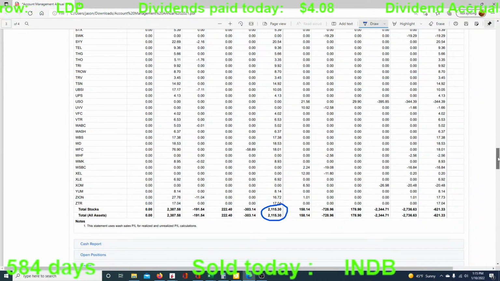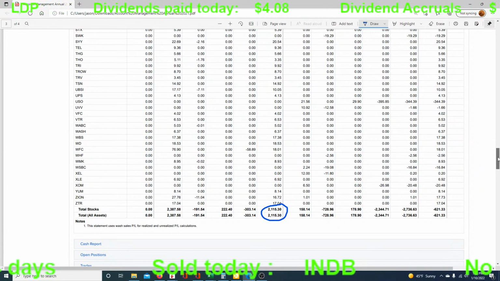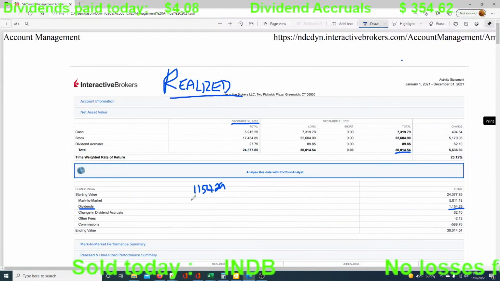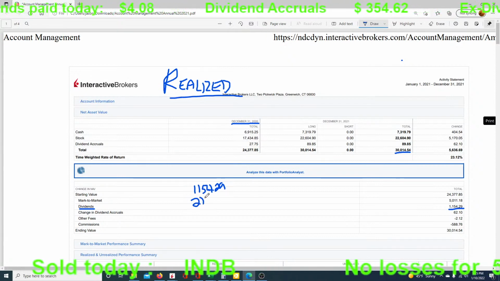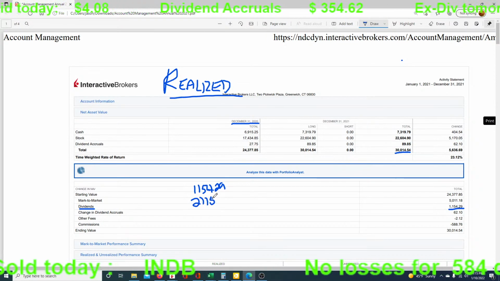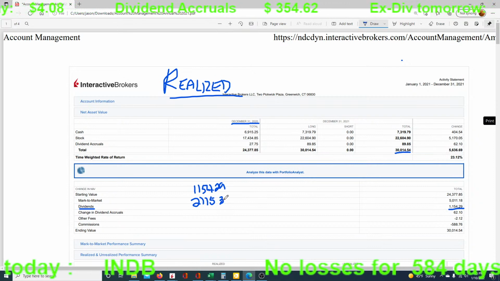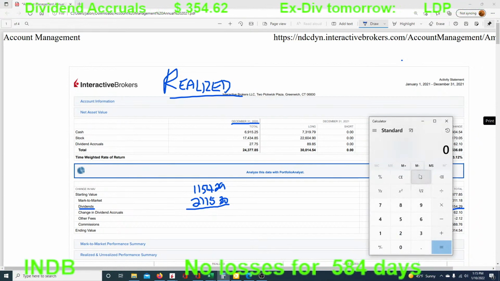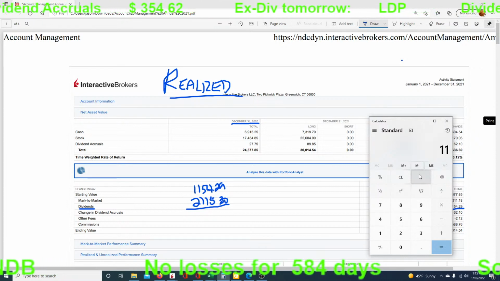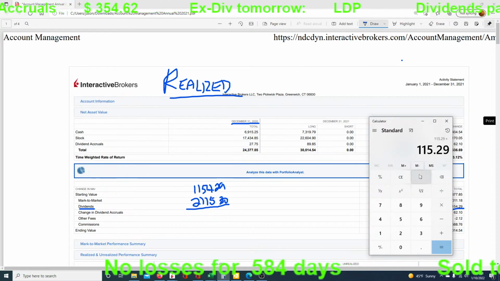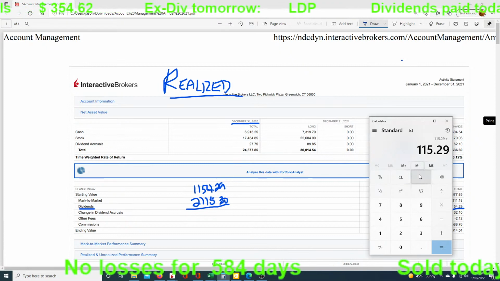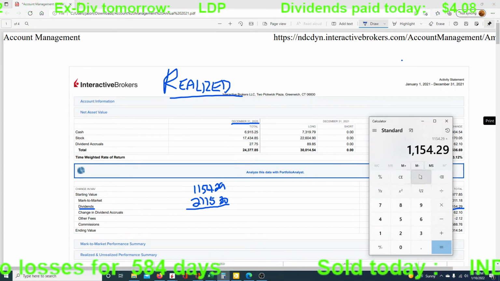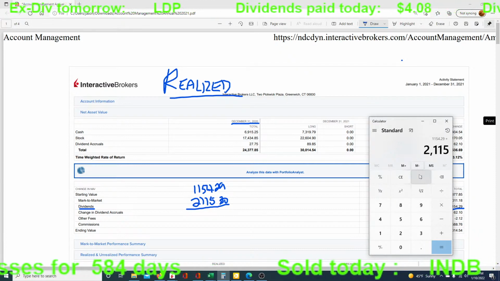All right, these are trades, right? So we had $2,115.30. Let's get the calculator out here. We've got 1154. I think my batteries are going out in my keyboard.